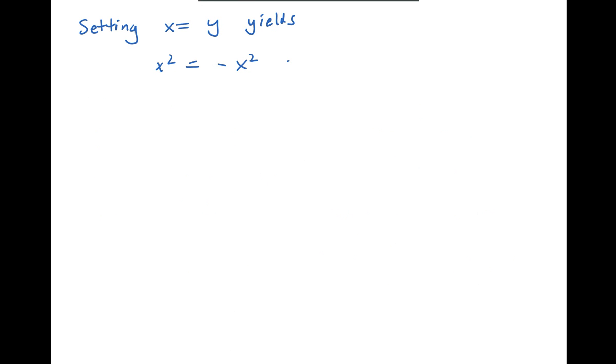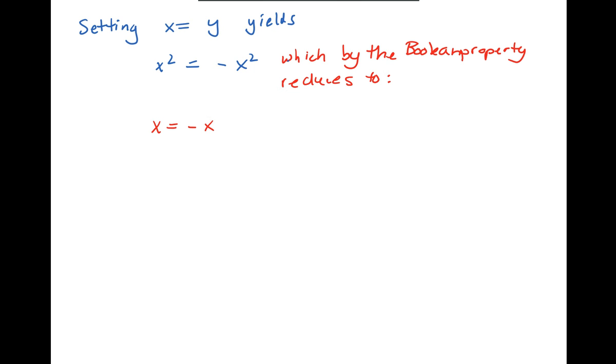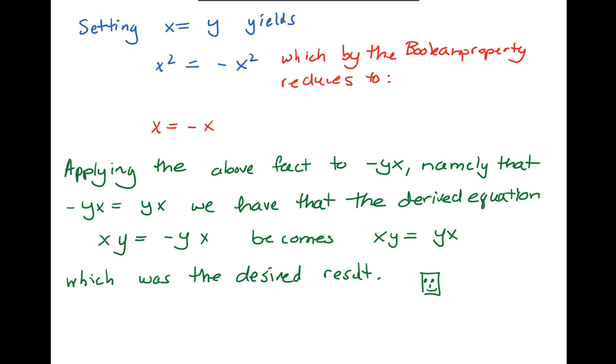And then we let the reader know we're going to set x equal to y, and we get x squared is minus x squared, which reduces by the Boolean property to x equals minus x. Applying the above fact to minus yx, namely that minus yx is yx, the derived equation xy equals minus yx becomes xy equals yx, which was exactly what we wanted.